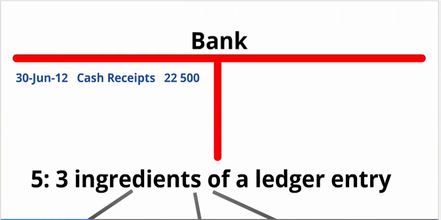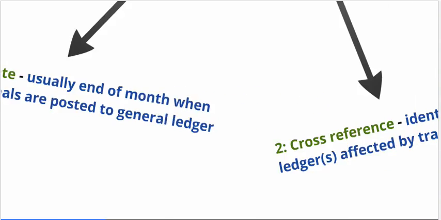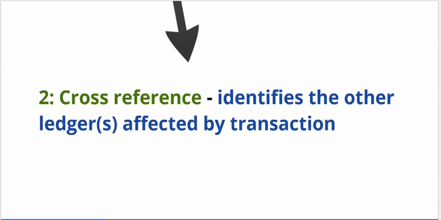So a ledger account has 3 ingredients. We've got our date, which will usually be at the end of a reporting period, at the end of the month, quarter, maybe the half year or end of year, depending on the volume of transactions. You'll be told that in the question when the posting date is. The cross-reference, we need that to identify the other ledger affected by a transaction.